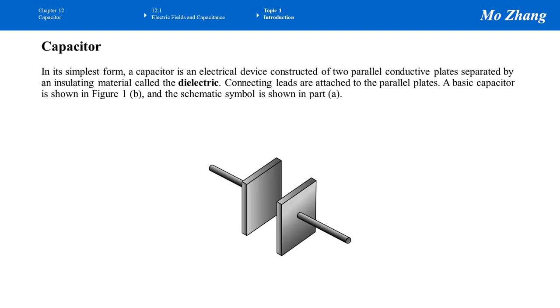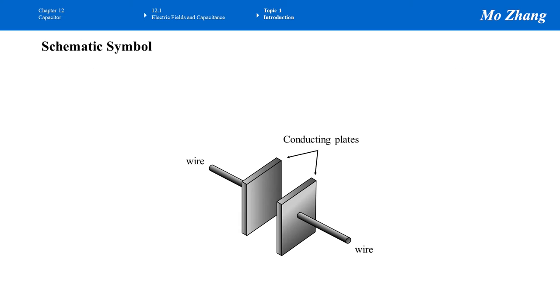Here is a picture of the simplest capacitor. As you can see, there are two plates, parallel to each other. Between the plates, there's nothing inside, so that is air or vacuum. So the dielectric material for this simplest capacitor is air or vacuum.